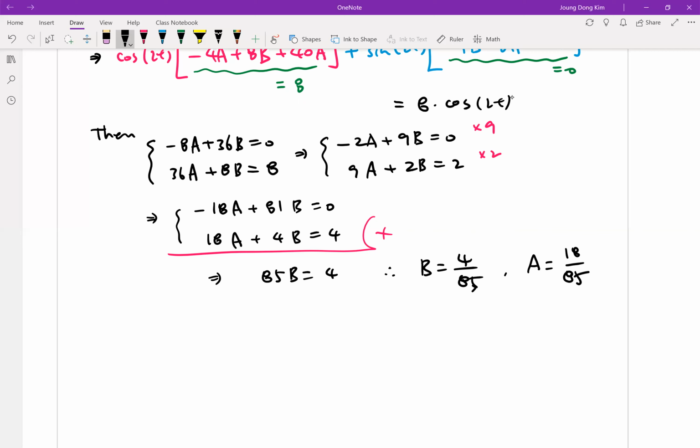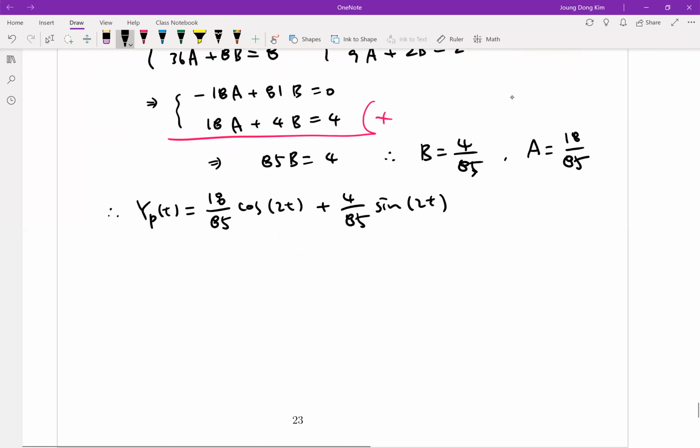We're almost there. So now I can conclude my particular solution, which is 18 over 85 cosine 2t plus 4 over 85 sine 2t. There we go.